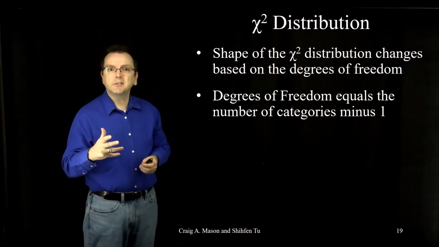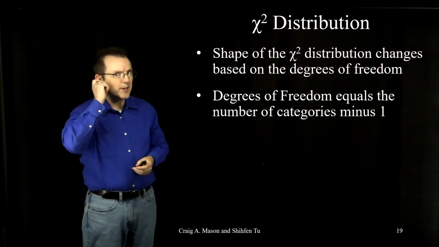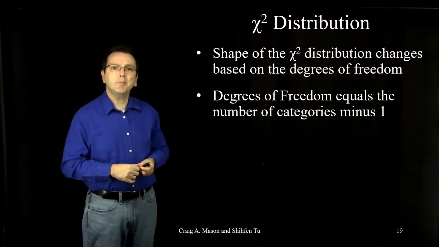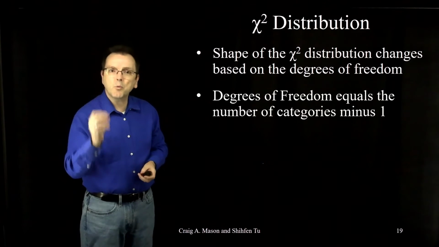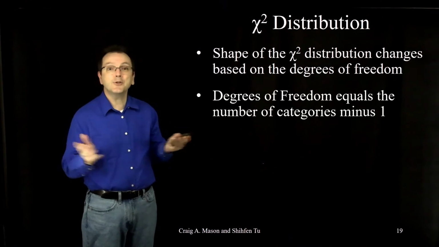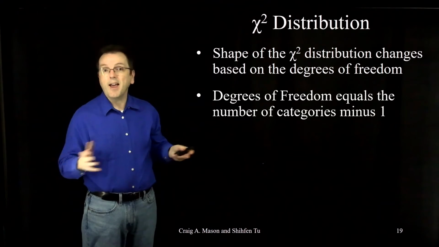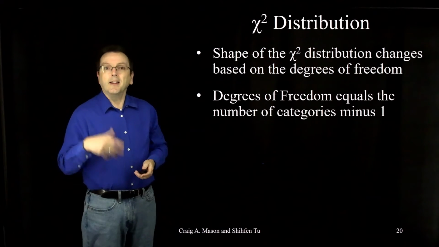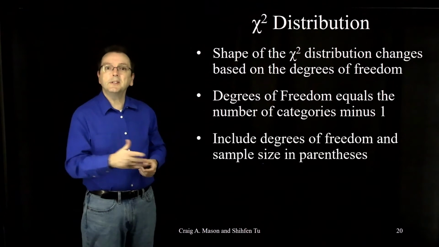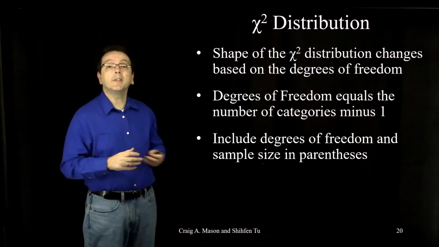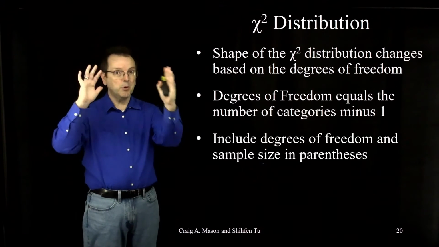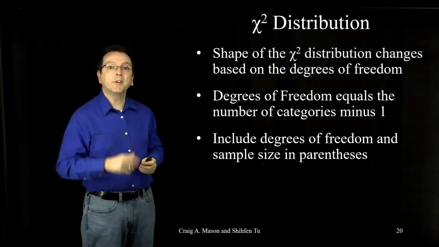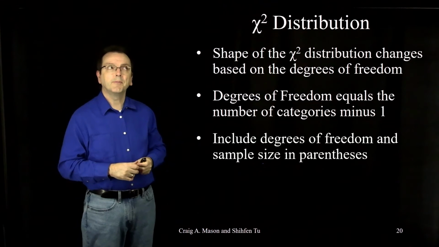So notice, unlike the t-test where the degrees of freedom was based on the sample size, the chi-square degrees of freedom tells you nothing about how large or small the sample is. Therefore, you should include the sample size along with the degrees of freedom in parentheses when reporting your chi-square results.